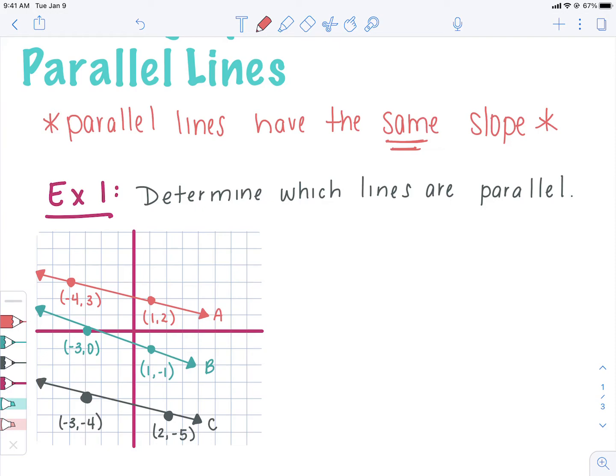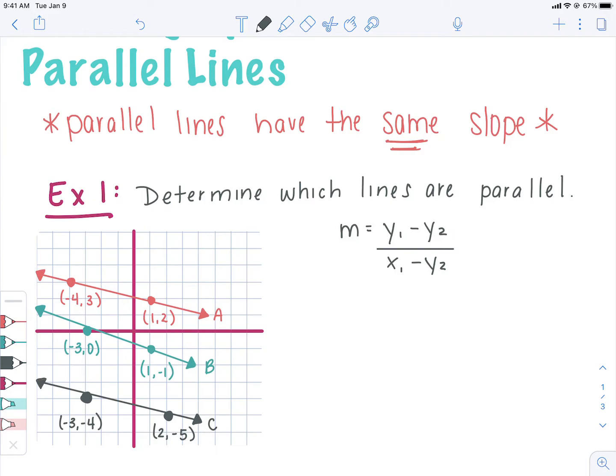Okay, so now for us to figure out if these lines are parallel, we need to find our slopes for each of these lines. So before we go in and do that, remember your slope formula is m equals y1 minus y2 over x1 minus x2.